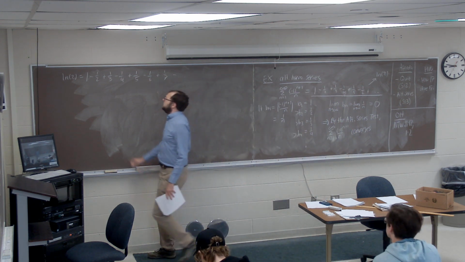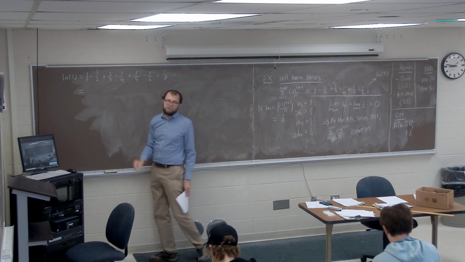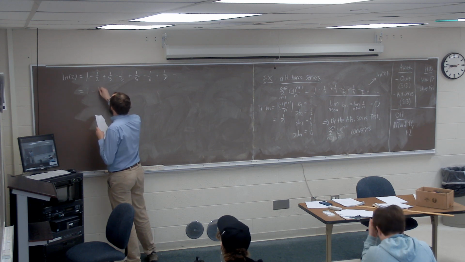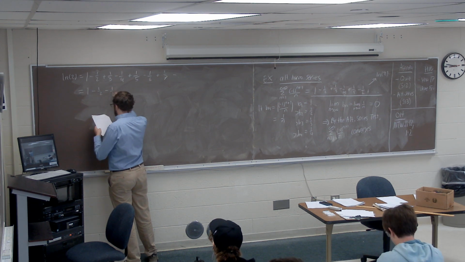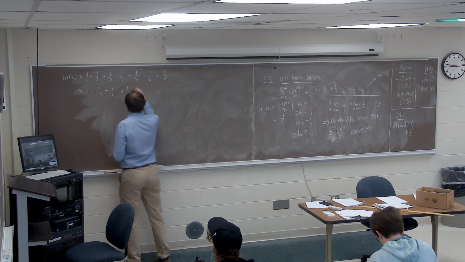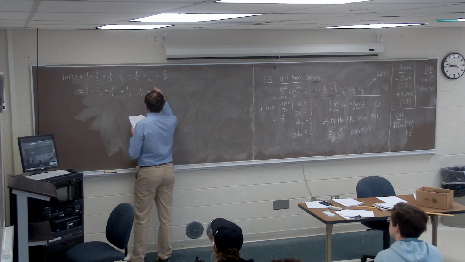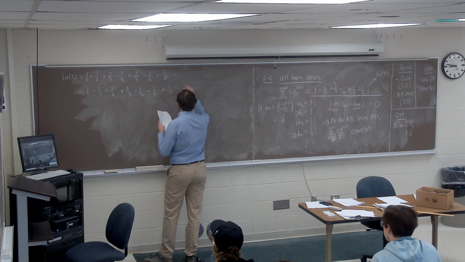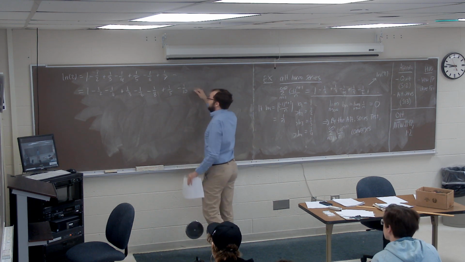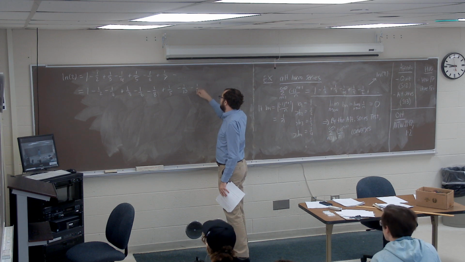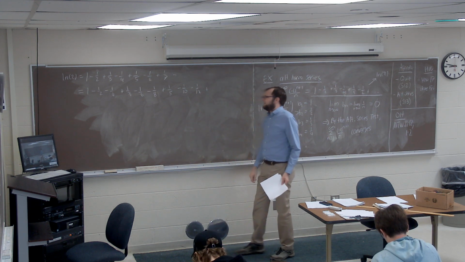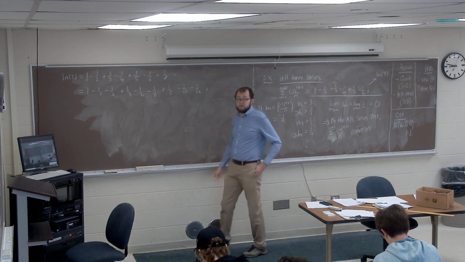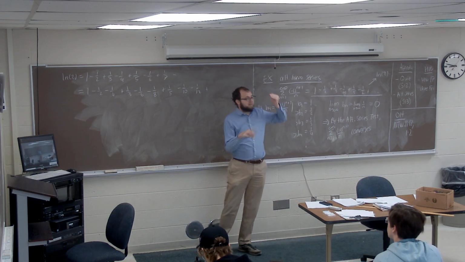What I'm going to do is take this series and rearrange some of the terms. I'm just going to write it as 1 minus a half minus a fourth plus a third minus a sixth minus 1 over 8 plus 1 over 5 minus 1 over 10 minus 1 over 12, etc. So all I'm doing is taking the terms in the original series and moving them around a little bit.